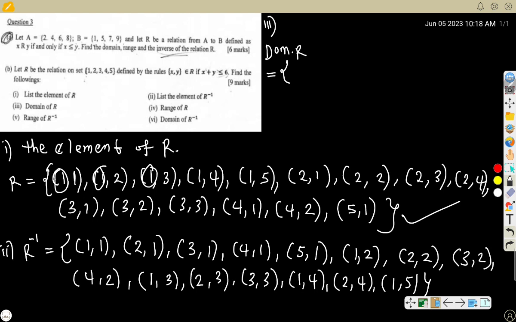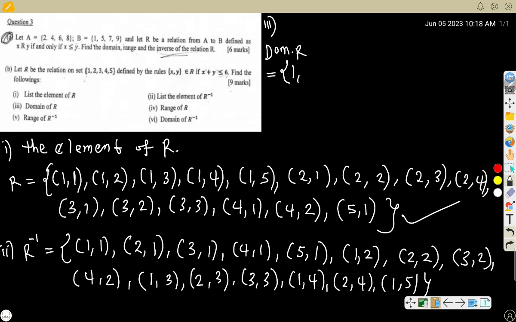So write the element of all the first member in your R. So pick everything one by one, but don't repeat any number twice. So now 1, so the first one, 1 again, 1, 1, 1, so ignore 1.